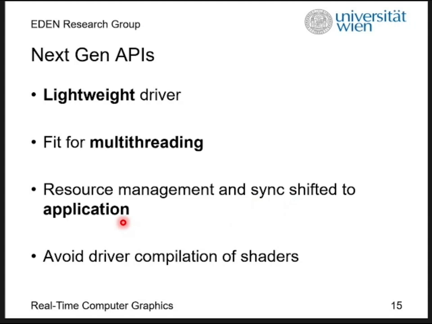So I said that the driver doesn't know how you want to utilize stuff, how you want to use resources. Now, as an application programmer, you have to explicitly tell the driver, I want to have a barrier here, I want to have a dependency here, and then the system will do that, and hopefully in an optimal manner.